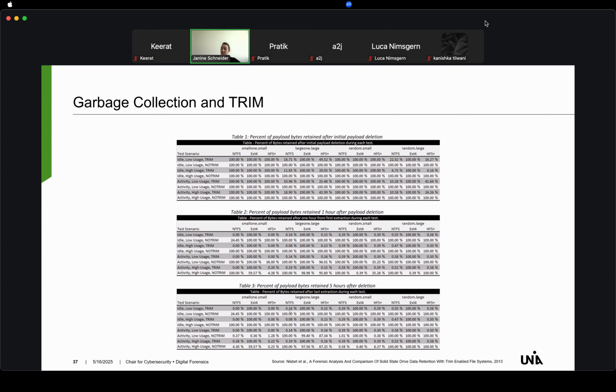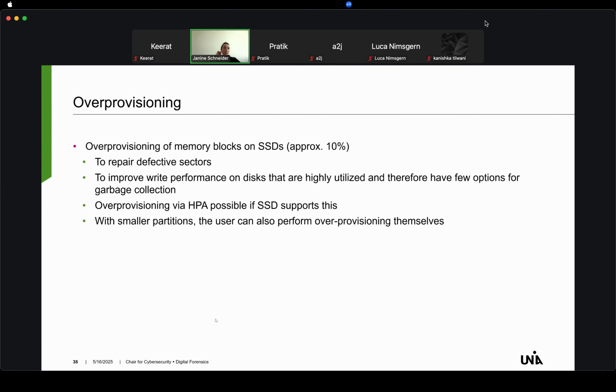Okay, we already talked about over provisioning. So SSDs usually contain, or the 10% of the SSD storage is usually reserved for over provisioning.